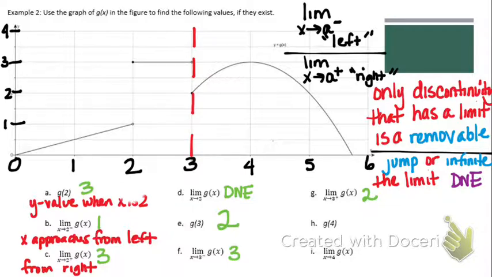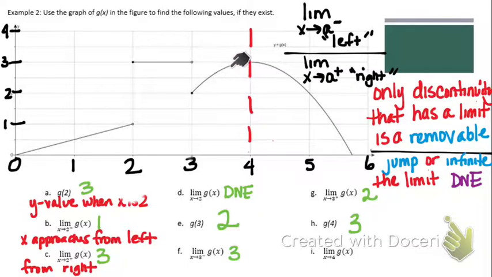All right, what about 4? At 4, right here, what is the y value right here? 3, so the answer is 3. Now when we talk about the limit at 4, you see how I drew that dashed line at 4?